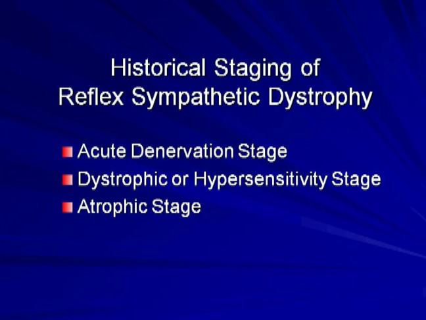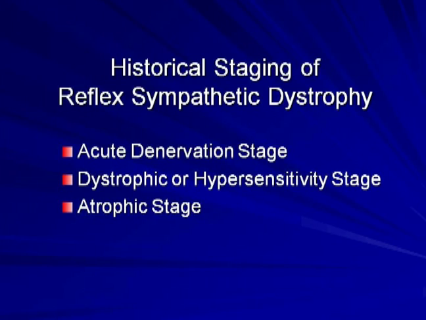And then the final stage was said to be the atrophic stage. The atrophic stage is a wasting away of the extremity. Muscle loss, disuse, osteoporosis, and essentially a completely dysfunctional extremity. So these are historically the 3 stages that were said to occur in reflex sympathetic dystrophy.